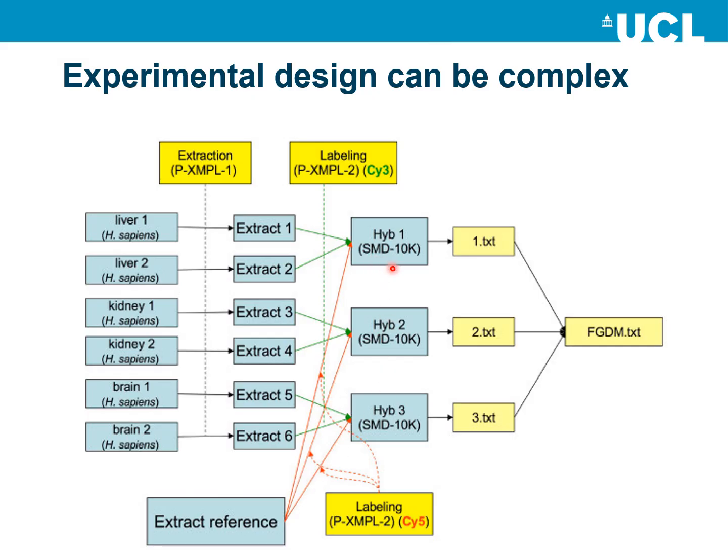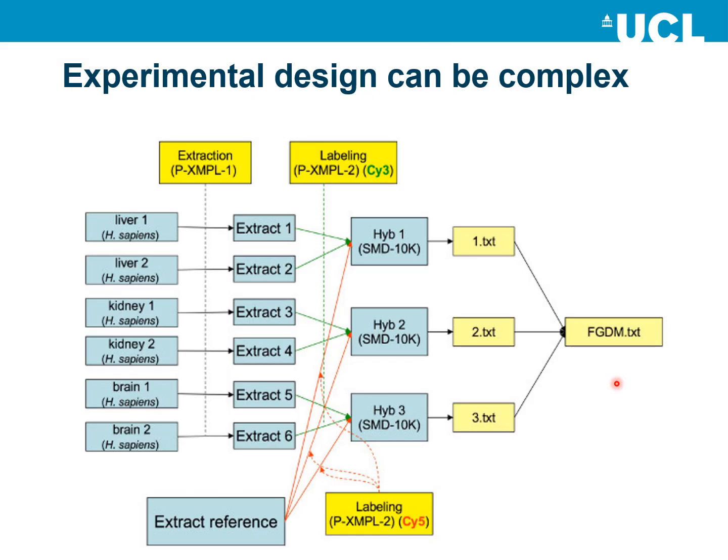So that results in 3 hybridizations using a particular array design, SMD10K, resulting in 3 text files containing the log ratios of all of the genes which are on these chips. And this is your final output.